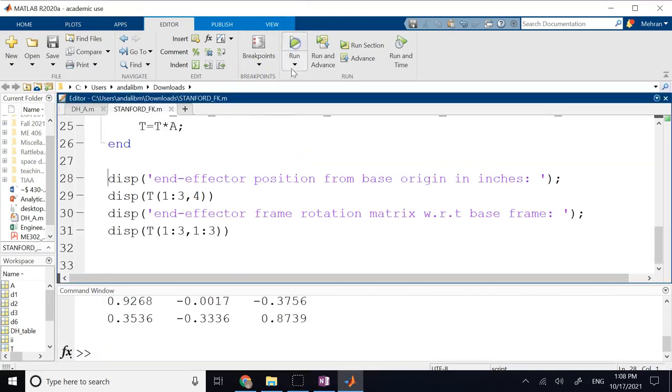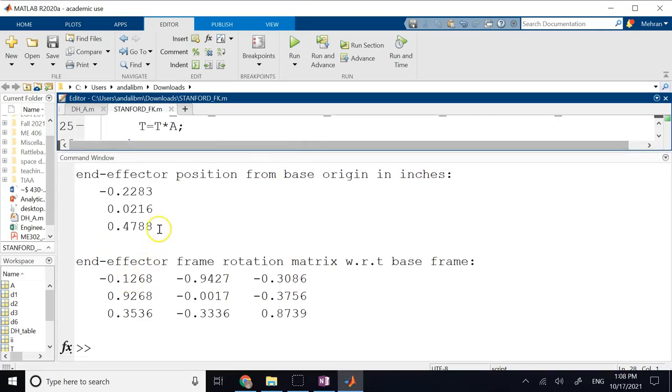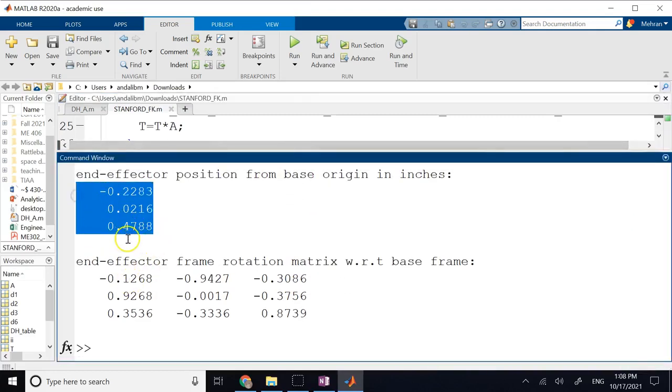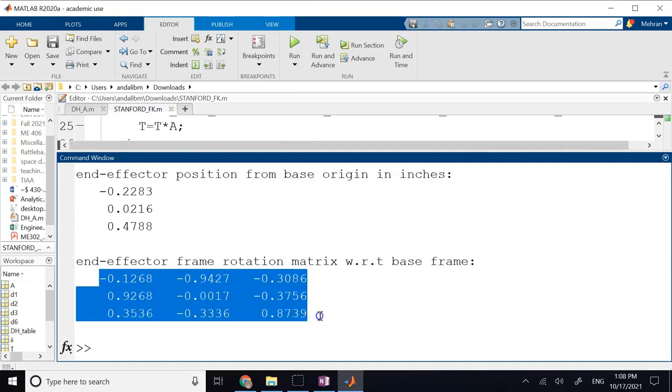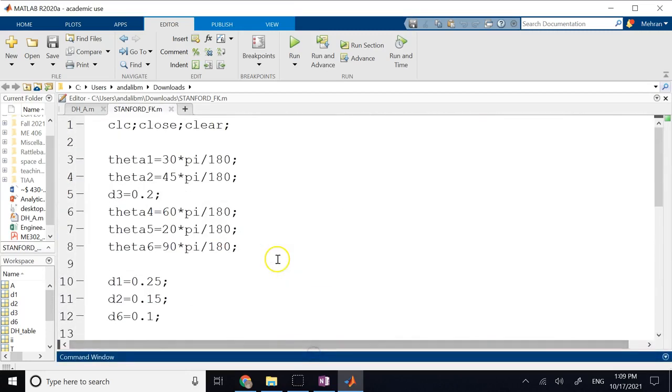And I do it again, this time numerically, and as you can see, now this is the position of the end effector X, Y, Z, and this is the rotation matrix, okay?